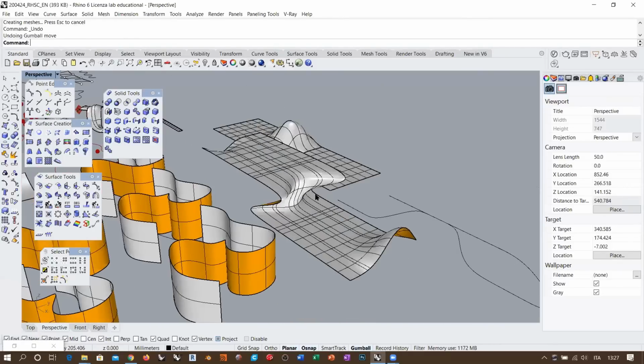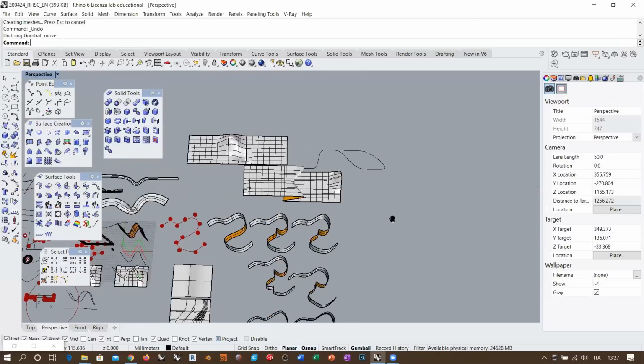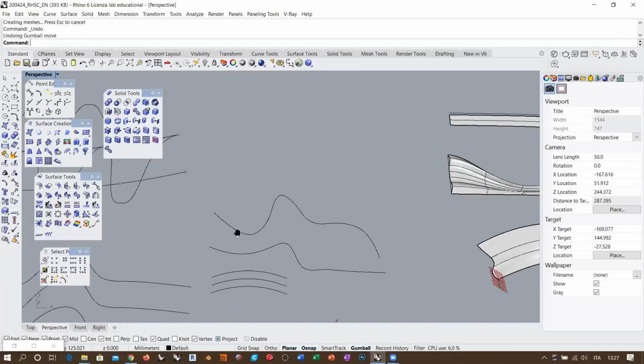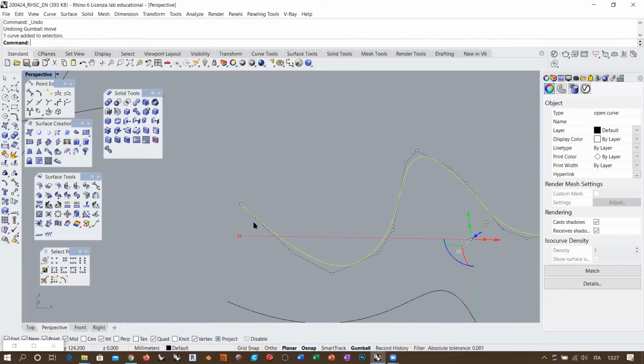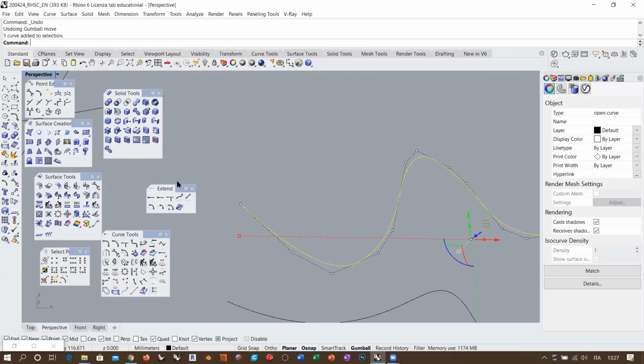Once you have this kind of smooth, it's like when you extend a line. So, for example, if I have this line here, and I try to work with an extend command, you know that extension can be created with several options. If you create any extension like straight extension or arc extension, you still have the possibility to go back to the original curve.